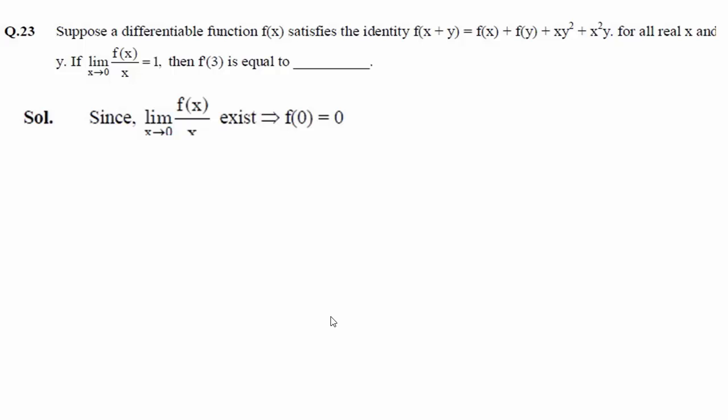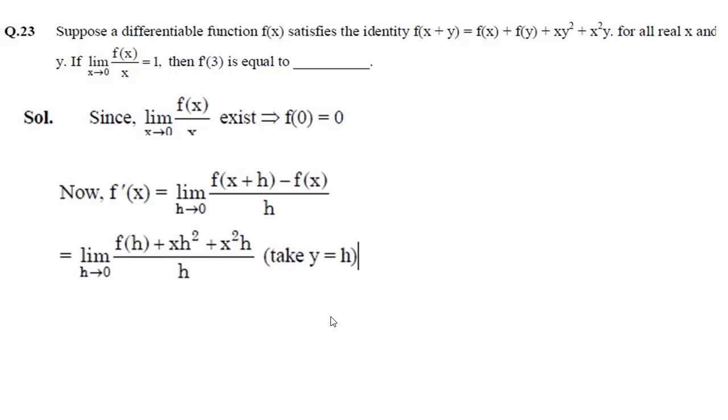Now f'(x) equals limit h tends to 0 of f(x + h) - f(x) divided by h, which is nothing but limit h tends to 0 of f(h) + xh² + x²h divided by h, taking y equal to h.